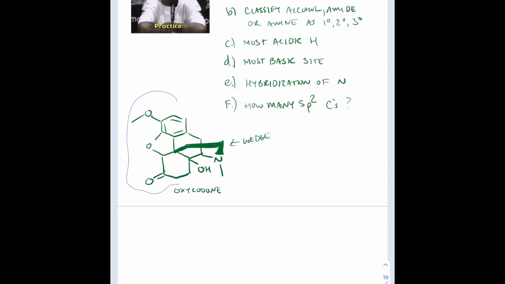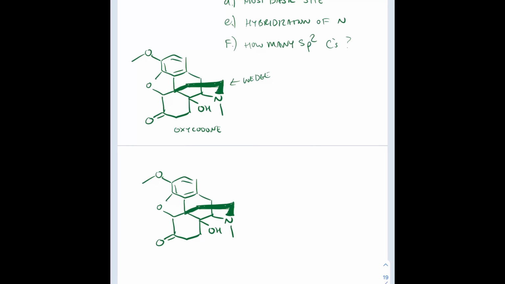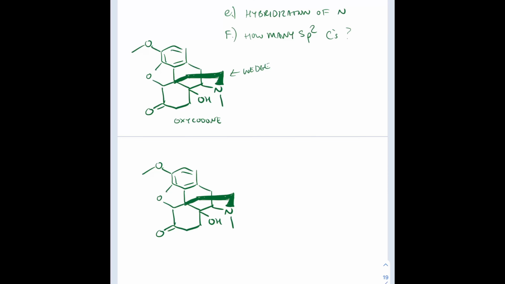But let me just do myself a favor here. I'm going to copy this, and I'm going to paste it right here, and I'm going to show you the difference between this as well as heroin. So heroin, for example, does not have this methyl group here and then this carbonyl group here.